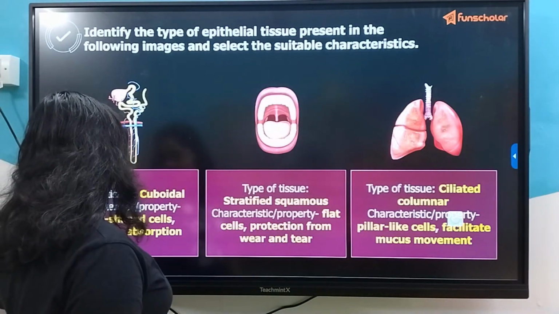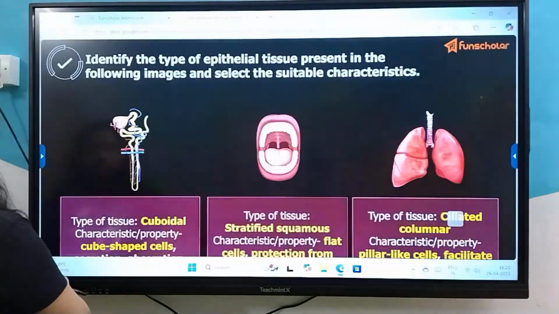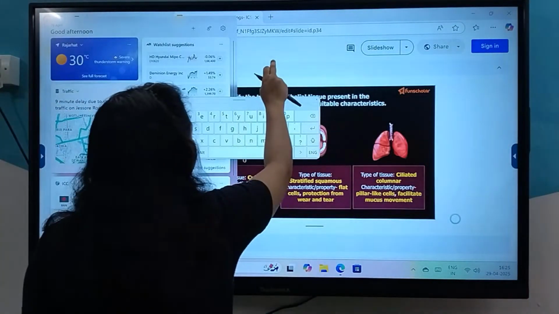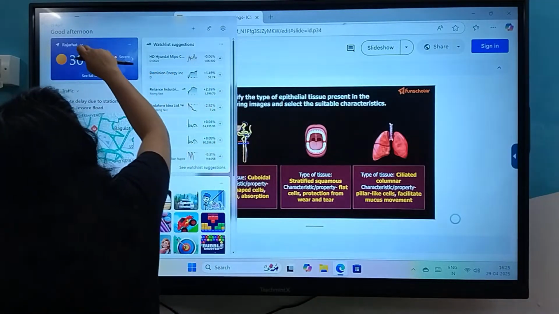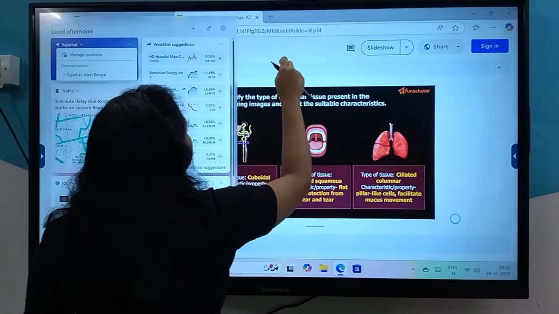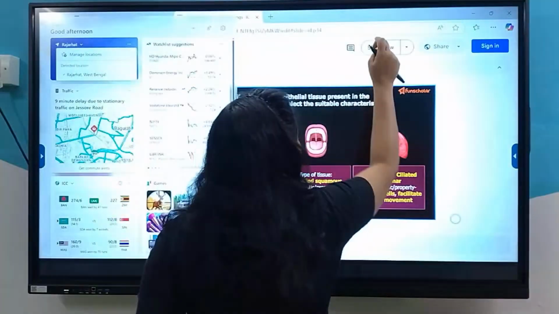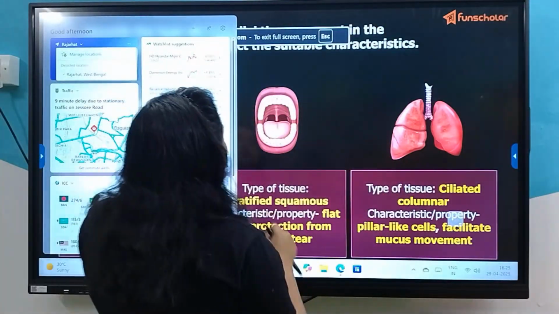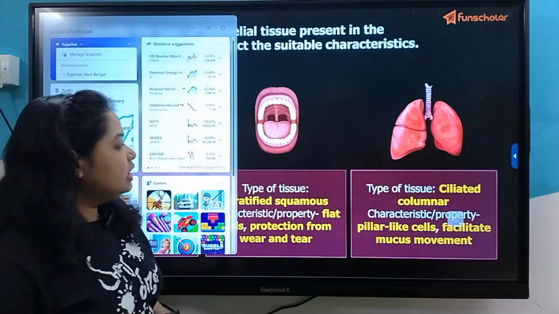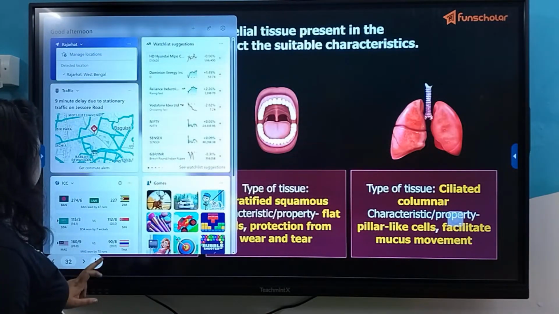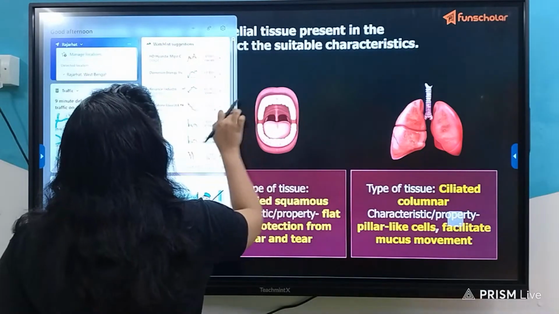So the last type, the glandular epithelium cells, that you have already known, is that the glandular epithelium tissue helps to secrete the hormones and the enzymes from the glands, right?